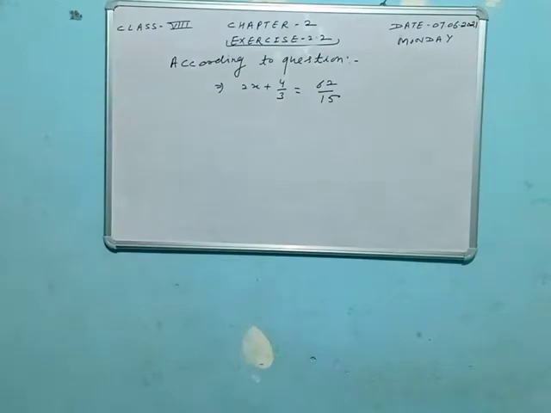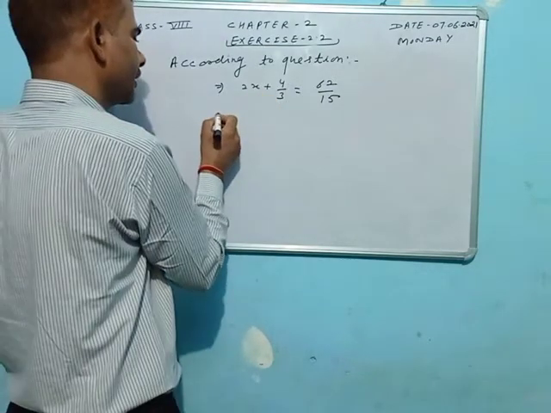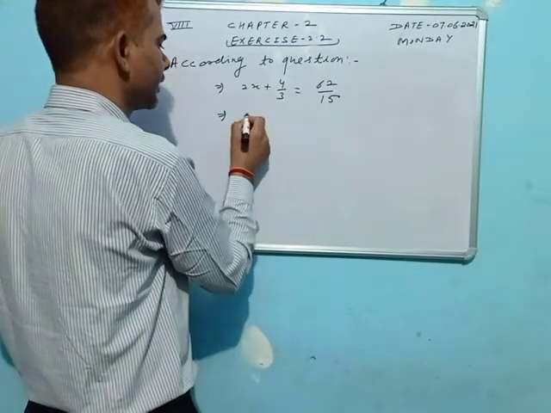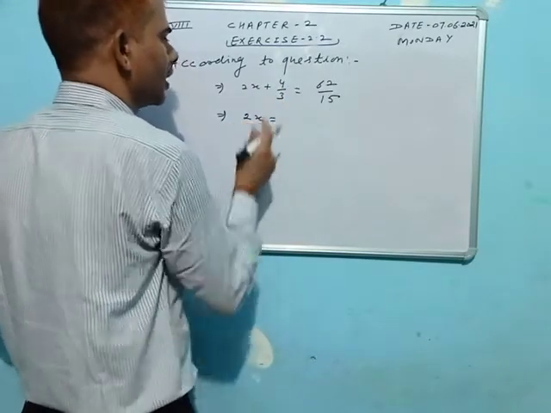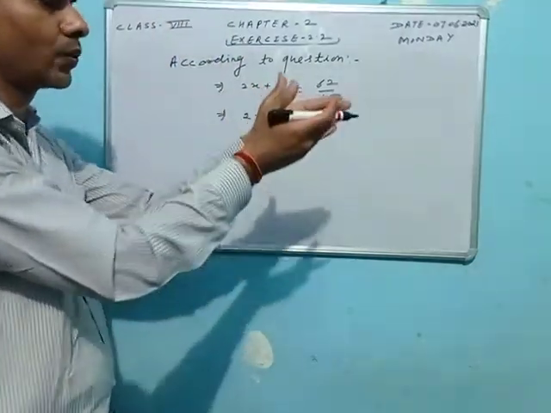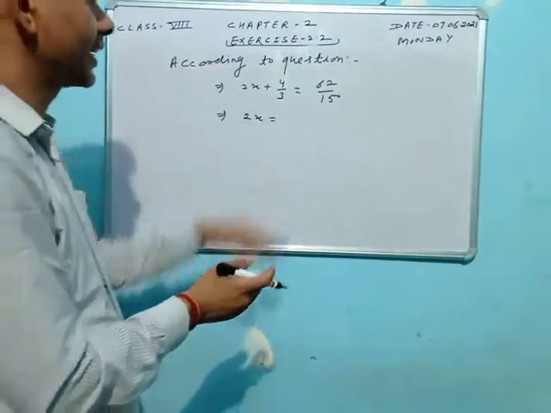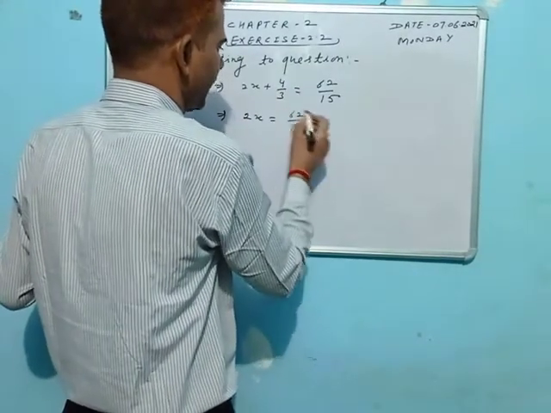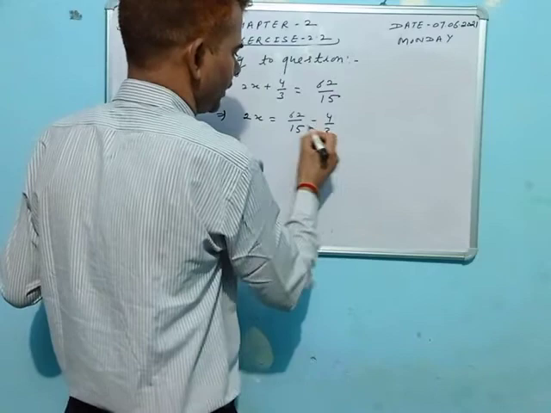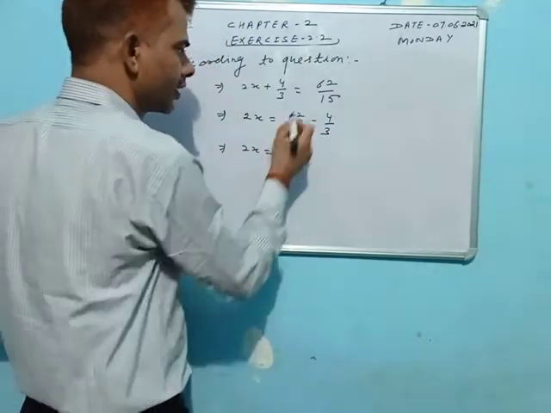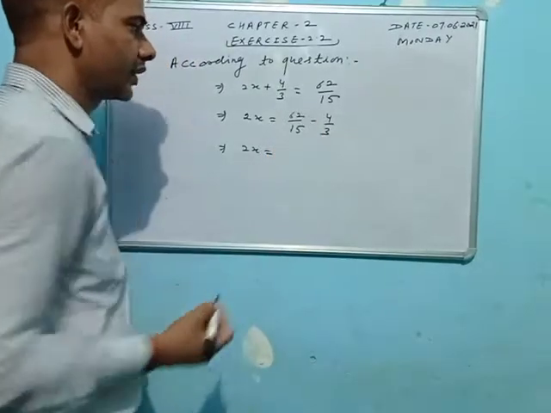To find the value of x, plus 4 by 3 is transferred from the left hand side to the right hand side. Now the plus sign is changed into a minus sign, that is 2x equals 62 by 15 minus 4 by 3.